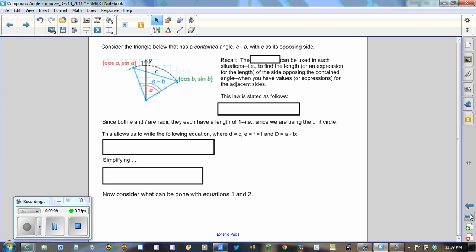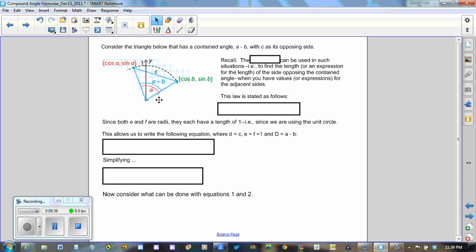Well, let's think of it this way. Let's consider the triangle that was presented earlier, with a contained angle A minus B and a side opposing that, side C. Recall that in whether it be right triangles or non-right triangles, we had two other formulas that could apply.